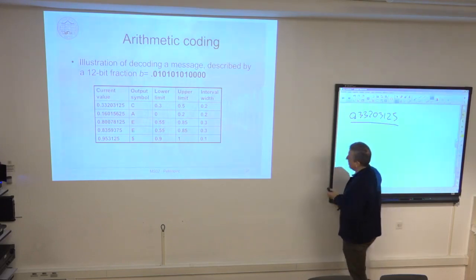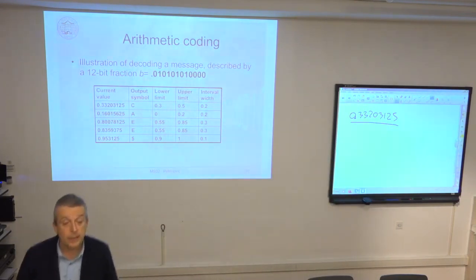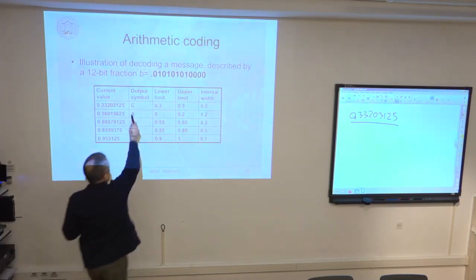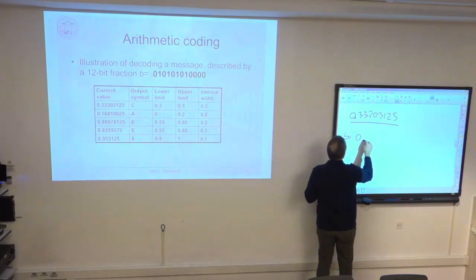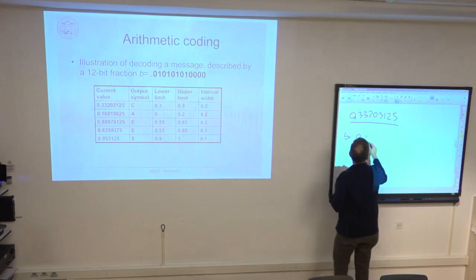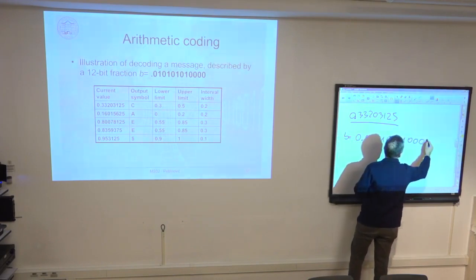Why have I chosen exactly this value? Because this value has a nice and short binary representation. It is actually a fractional binary number that is 12 bits in length. So this is not just any number. This value B in binary form is 0.01010101 01010101 and 4 zeros.